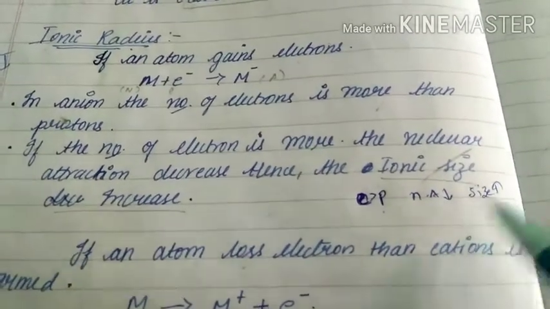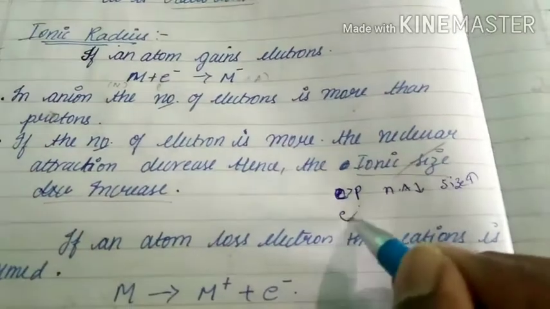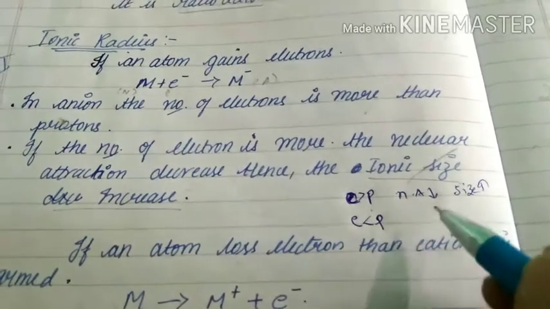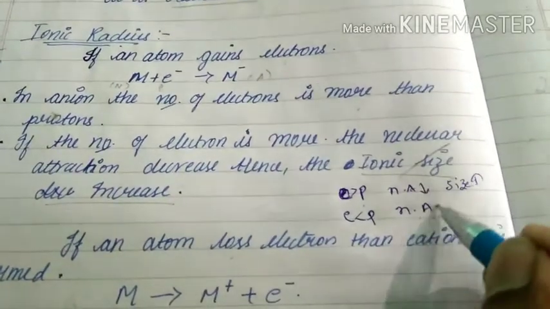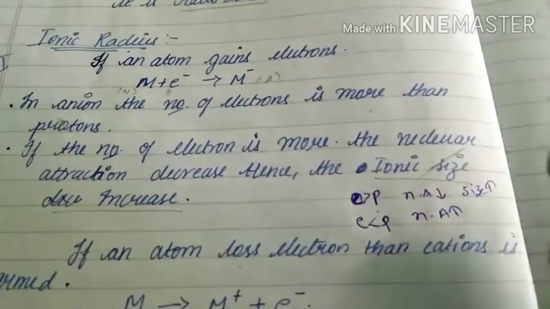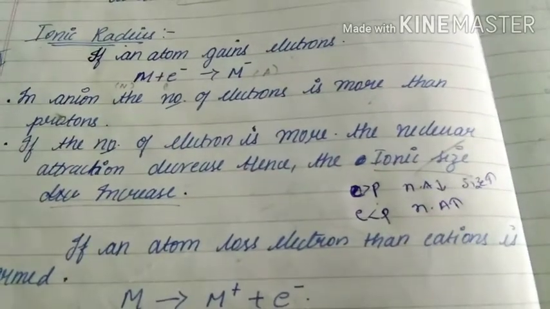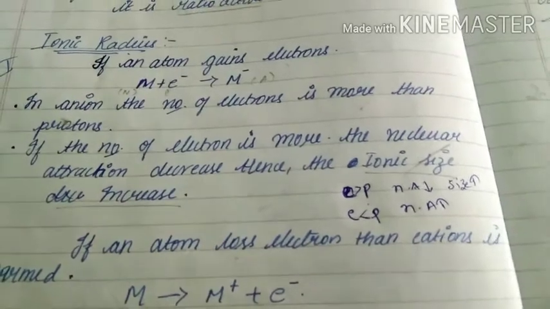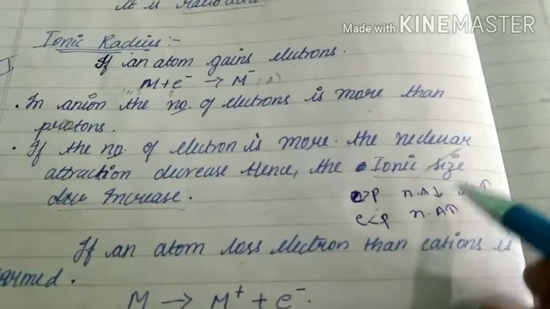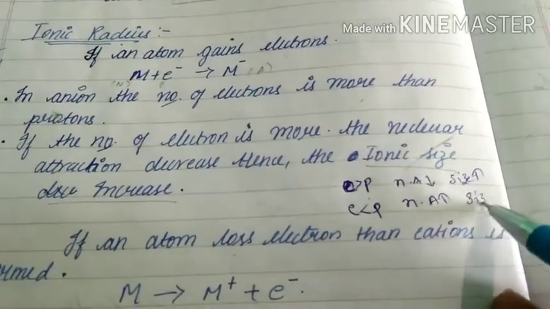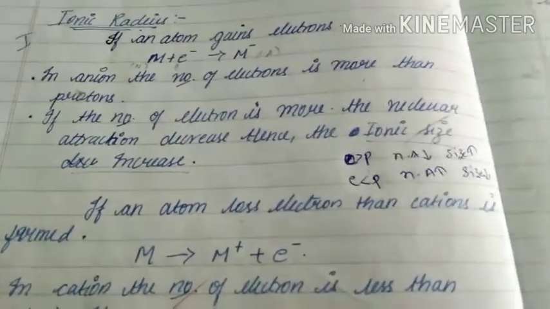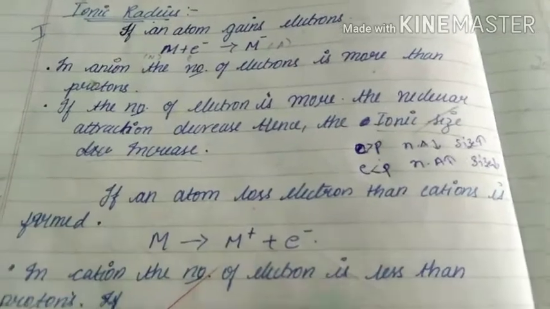So automatically size increases. If number of electrons is less than protons, then nuclear attraction increases. If proton number is more, the protons attract electrons. Automatically those electrons readily move towards the nucleus. Then size will decrease. These are very important points. So in case of anion, size increases. That is about anion.